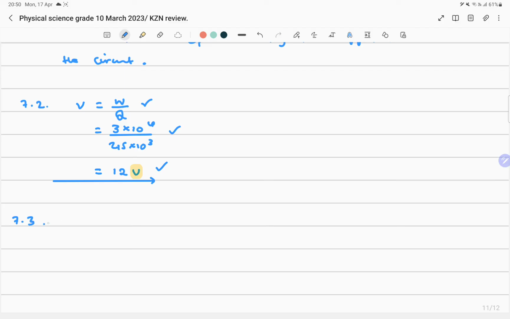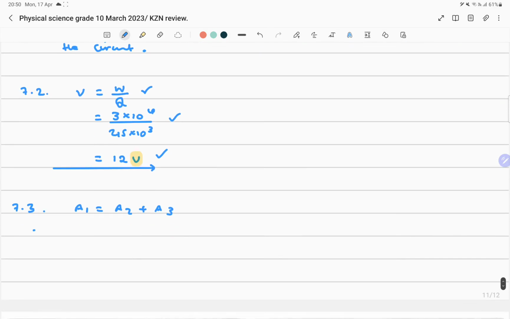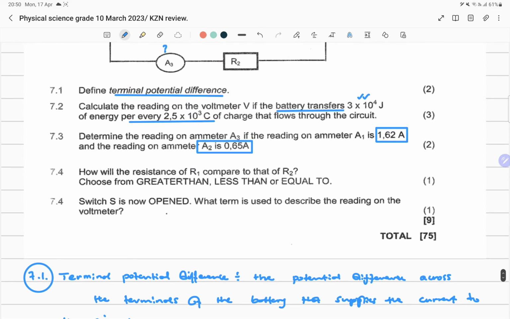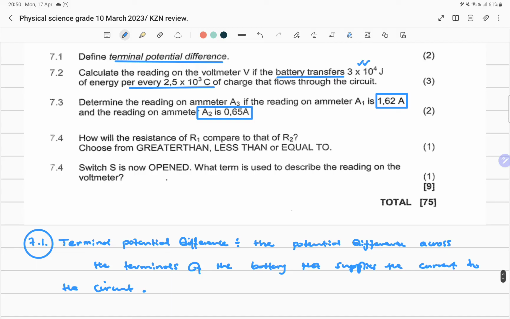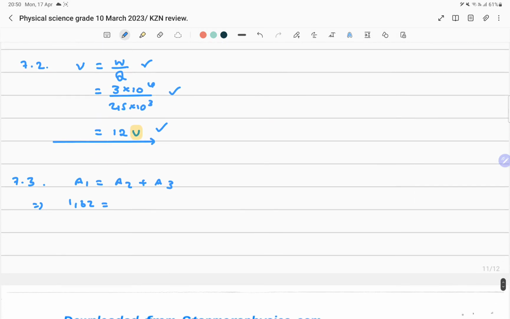We know that A1 is basically equal to A2 plus A3. So A1 is given to us as 1,62, is equal to, we want A3, is that right? Right, so this is A2, this is 0,65.